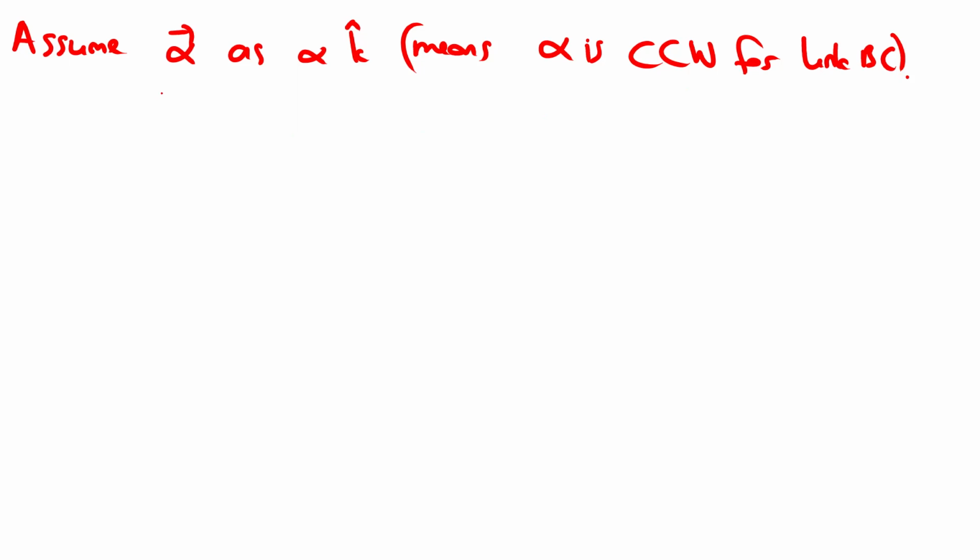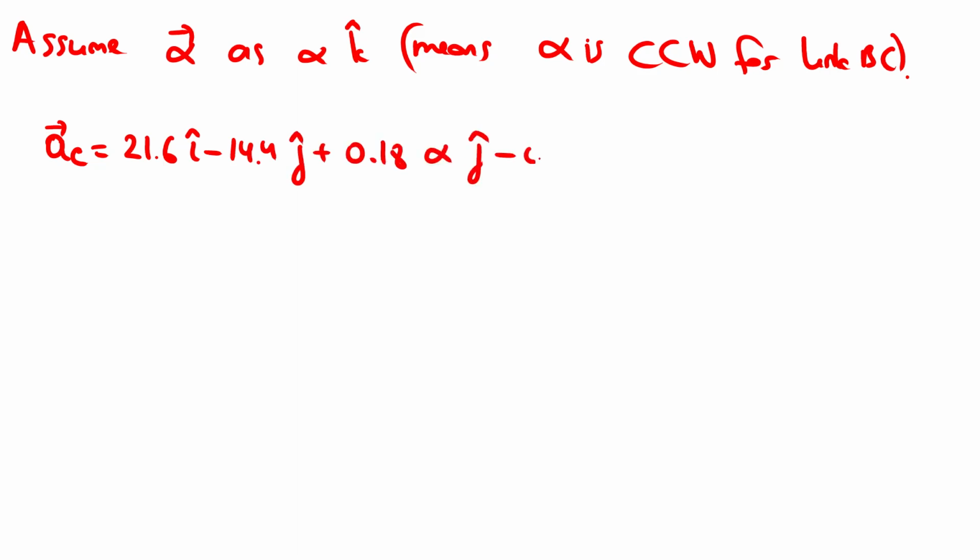If it is wrong, we will get the negative of this. We don't lose anything. So if you do the calculation, the acceleration of C will be equal to 21.6i minus 14.4j plus 0.18 alpha j minus 0.73 alpha i minus 1.04i minus 4.31j.